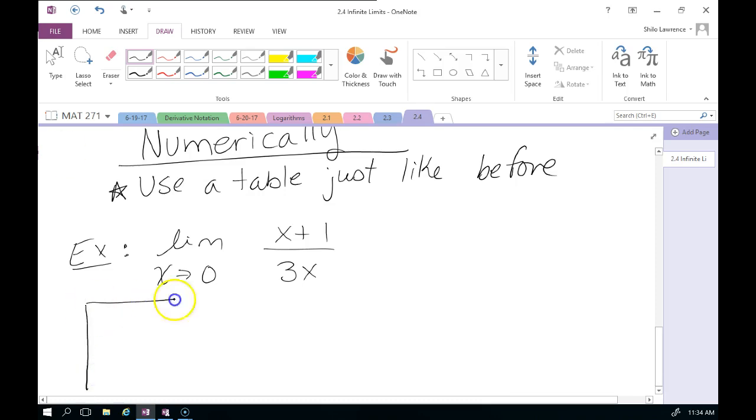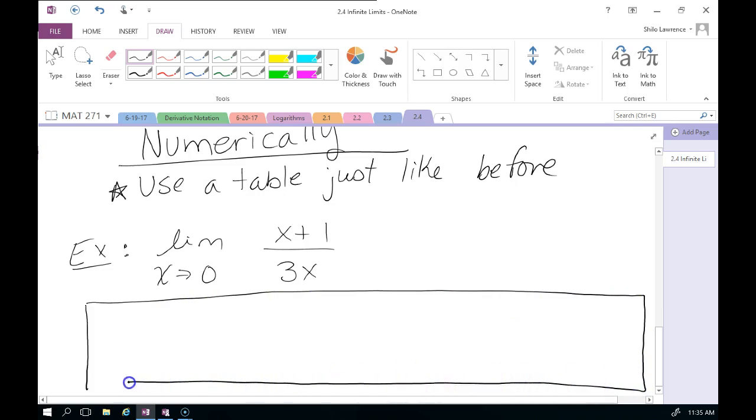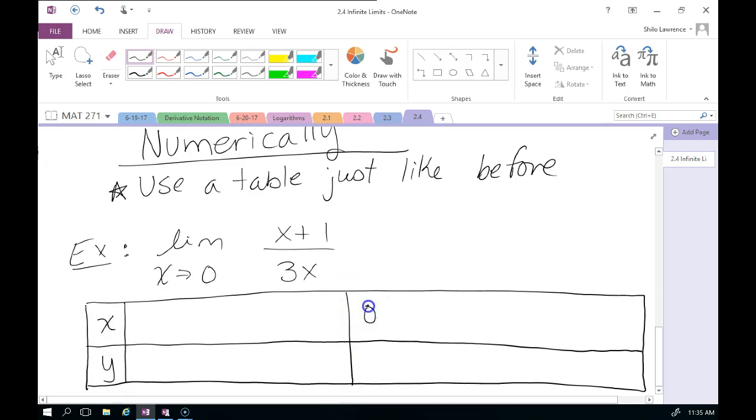So remember how we do a table. We're going to put our target value in the middle, and we're going to approach it with negative powers of 10. We're trying to figure out that value.